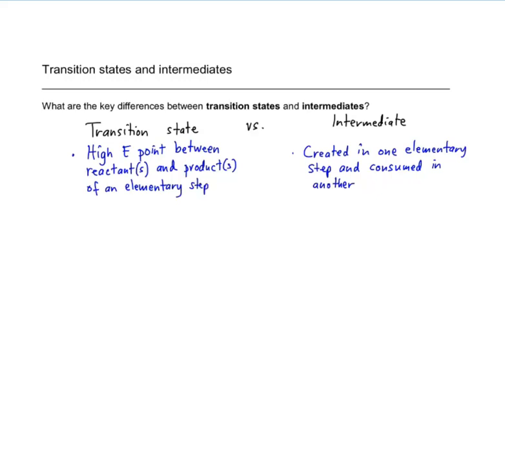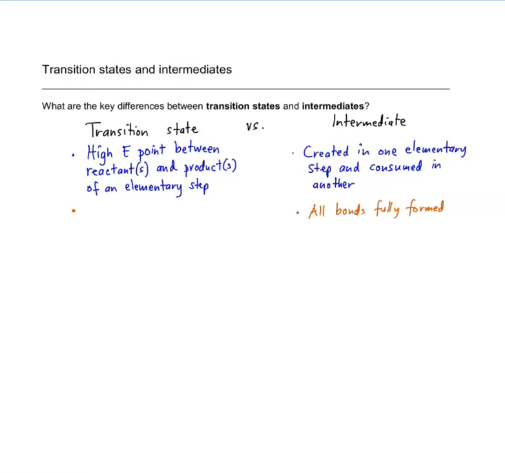Okay, what are the other differences? In an intermediate, all of the bonds are fully formed. But in a transition state, there's at least one bond that's partially formed.